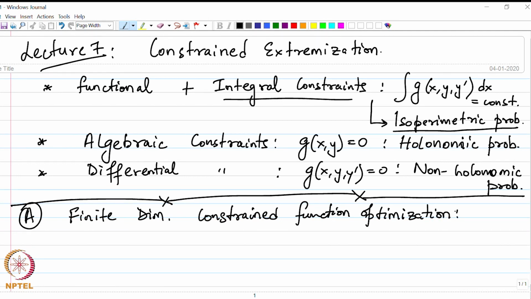People who are familiar with finite dimensional constrained function optimization know that one of the standard ways to perform this optimization is via the method of Lagrange multipliers.